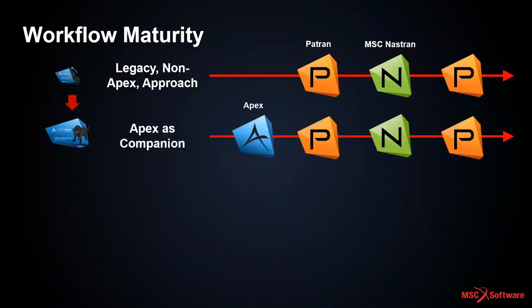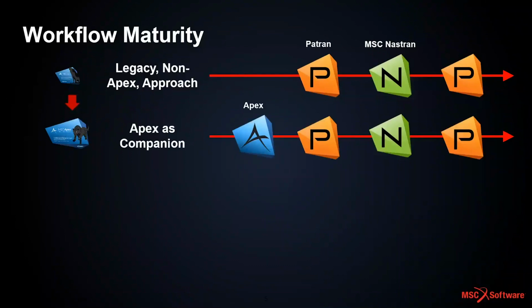That means we could build the model in Apex, mesh the model in Apex, and take the model into Patran. Then we do all the attributes in Patran, export to Nastran, and post-process in Patran. That's how it was positioned in the early releases of Apex, as a companion tool.